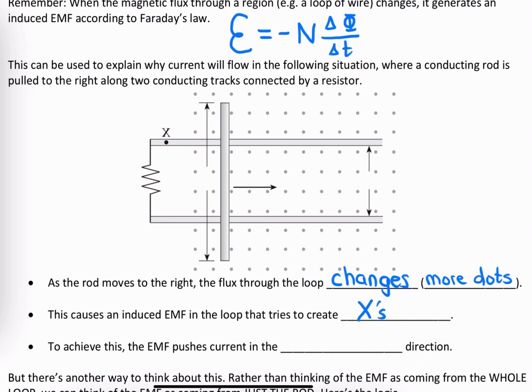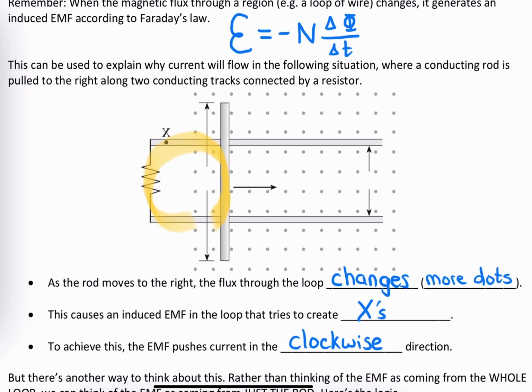So if this loop decides it wants to create some X's inside it to fight the increase in dots, it's going to do that by pushing current in the clockwise direction. So current is going to run this way through the loop. And you can verify that by using the first right-hand rule. Take your thumb and point it along any side of this loop, in the direction current is going, so clockwise.